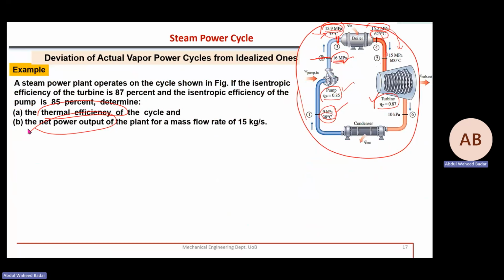Usually your good turbine should not have more than 15% of losses. You cannot eliminate them totally, but for a normal good turbine or pump, this isentropic efficiency should be in the range of 10 to 20% losses. That's how you claim.